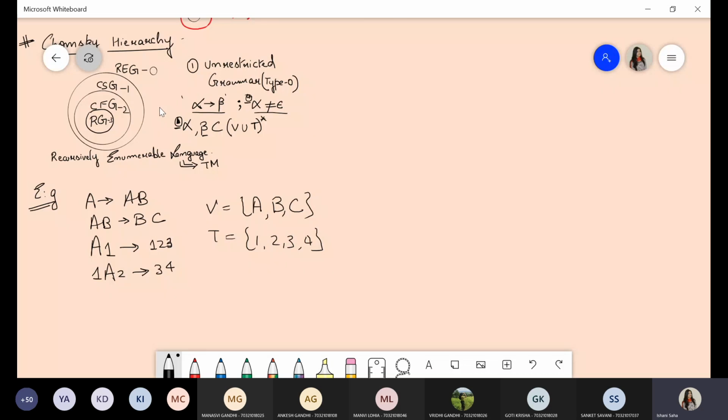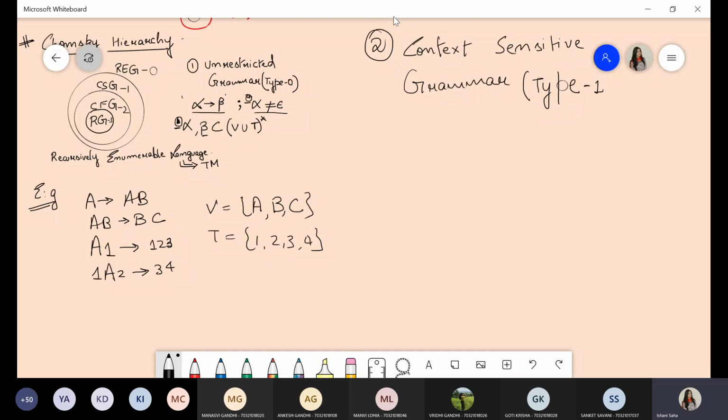Okay, next write down the second one, that is type 1, which is context sensitive grammar, also called type 1 grammar.